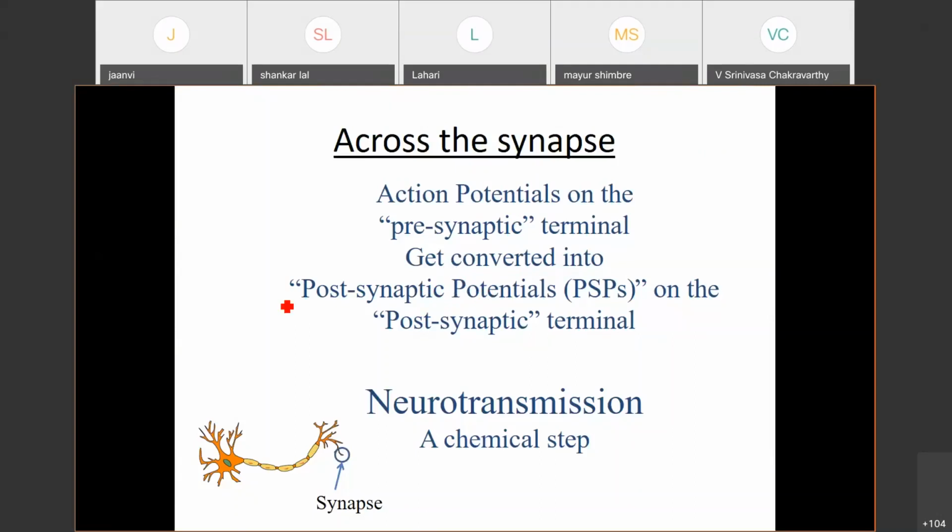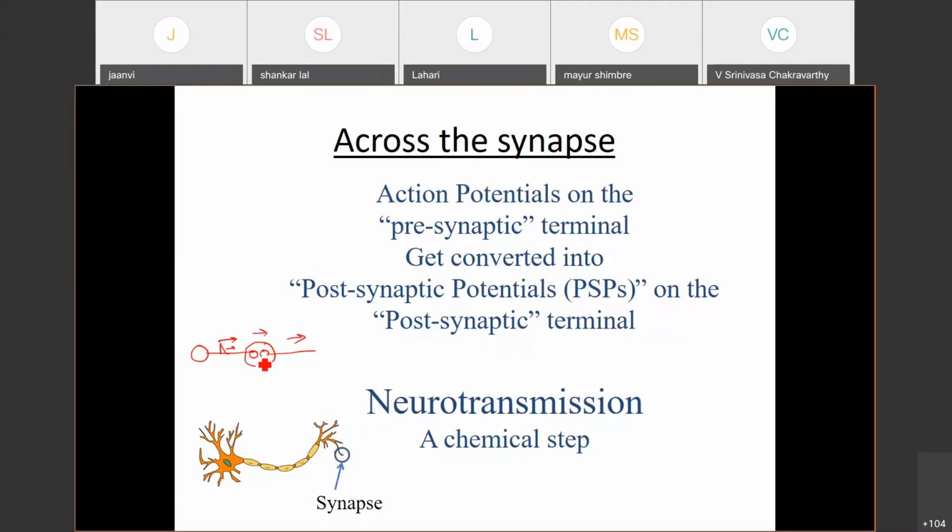This is the most important part of neural signaling, because this is where one neuron makes contact with another neuron and sends its signal. So this is the axon of one neuron, and this is an action potential. It propagates down the axon. Once it reaches the synapse, or the presynaptic terminal, this electrical signal gets converted into a chemical signal.